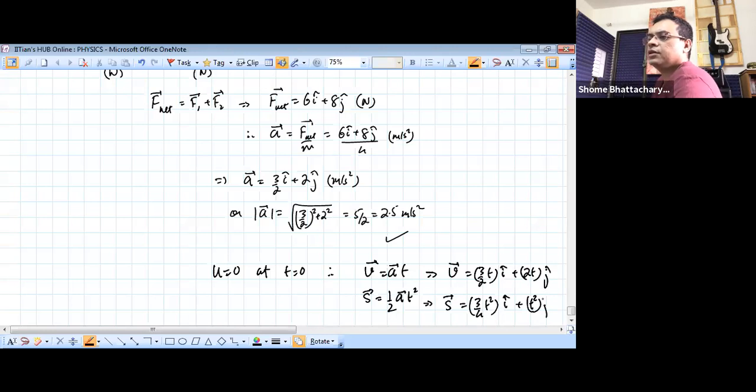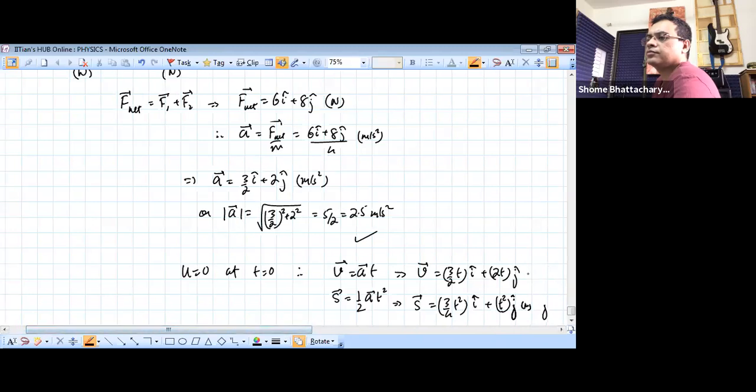Now just substitute the value of time in seconds, and you will get the displacement in meters and the velocity in meters per second. Alright, so hope this application is clear.